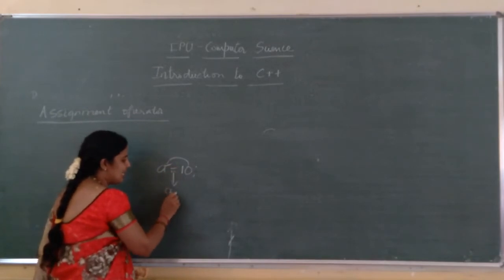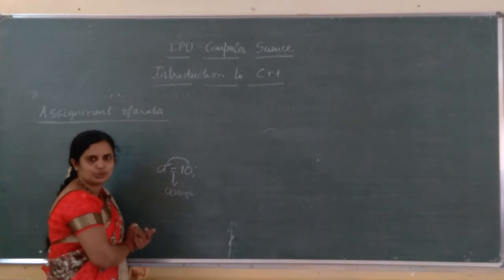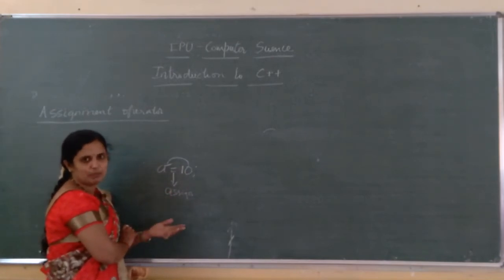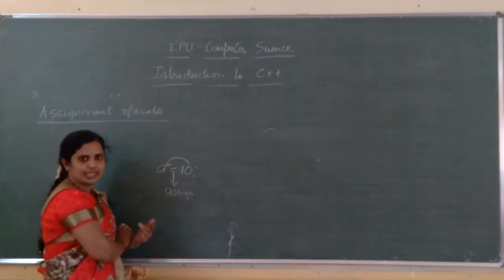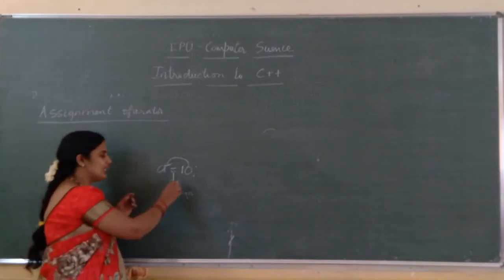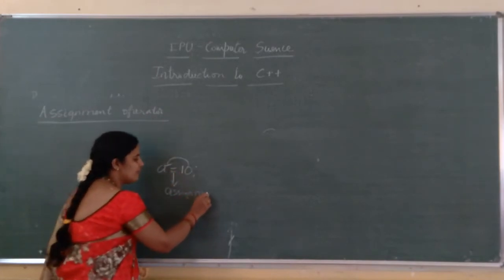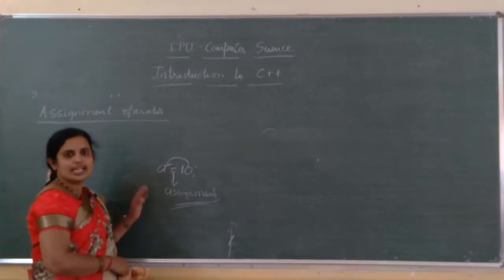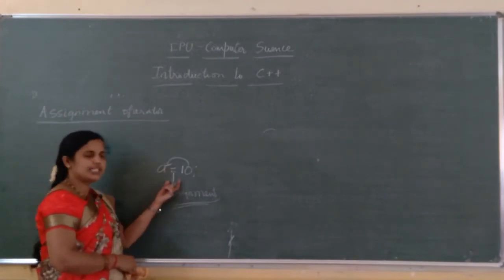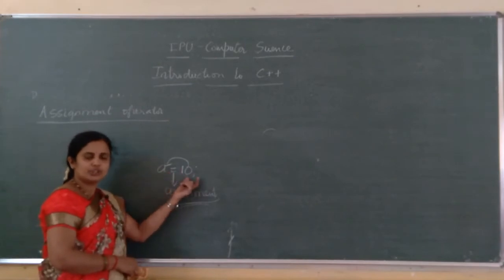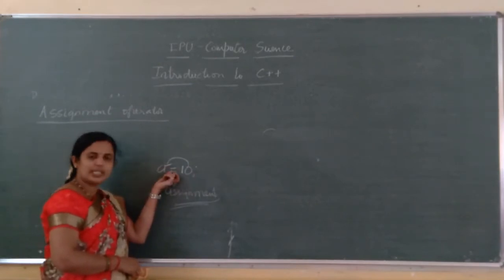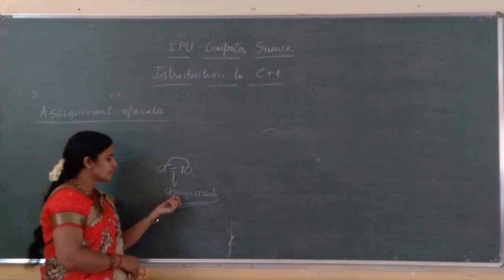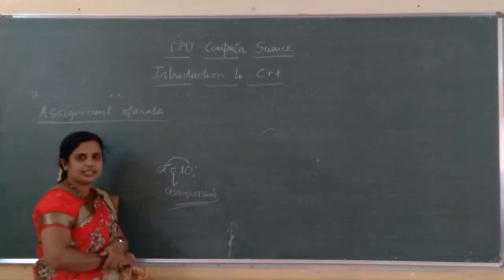In general we say a equal to 10, we won't say a assignment operator 10, but in computer science we call this equal operator an assignment operator. The equal to symbol in a is equal to 10 is known as an assignment operator.